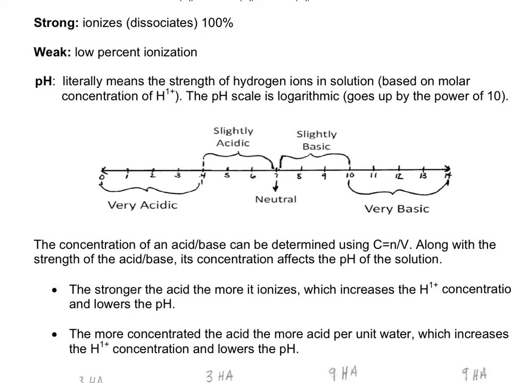Now one misconception that people have is that the pH scale describes how strong an acid or a base is, and the further you get away from 7, the stronger the acid is. But check out the labels on these diagrams. Between 7 and 4 is labeled as slightly acidic, not weak acid.